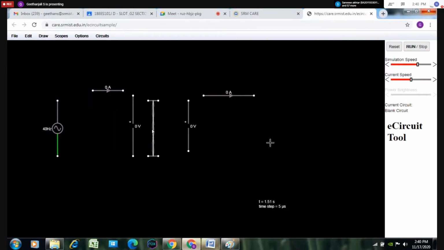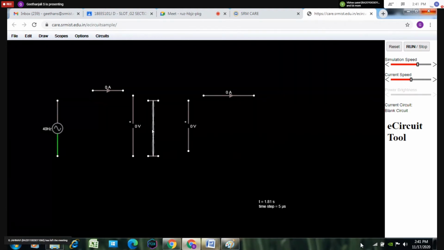Where can we get this? Go to draw. We need to connect the resistive load, meaning the lamps, and we need to keep 4 switches for the 4 lamps.